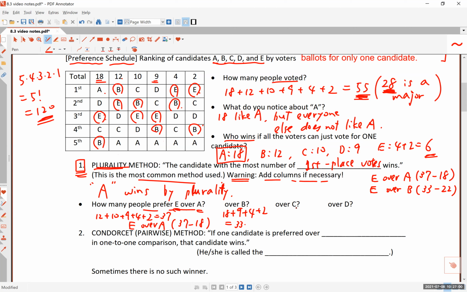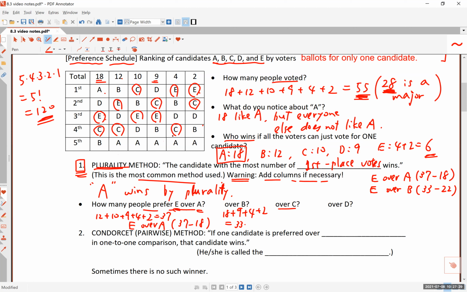Okay, how about E over C? This time I'm going to erase all my circles for B. And now I'm going to compare E with C. So what's going to happen here? E over C, and C is here, C is here, C is here, C is here, C is here, C is here.